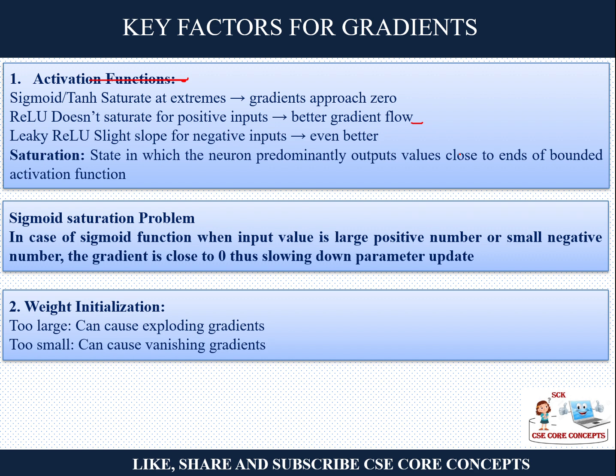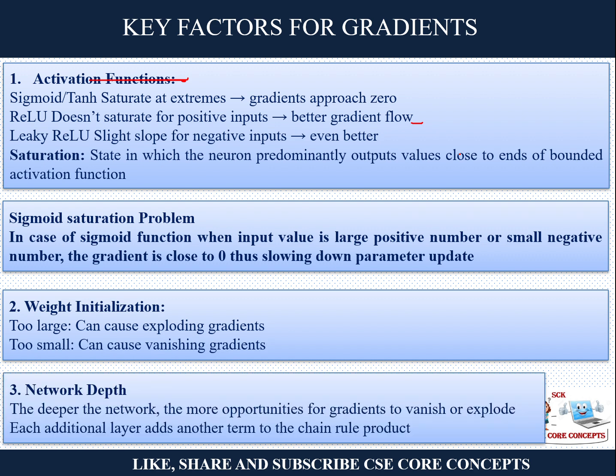Weight initialization: if you give very high weights initially, you can get an exploding gradient problem. Or if your weights are very small, you can get a vanishing gradient problem. The deeper the network, meaning more and more hidden layers you add, the more the chances.